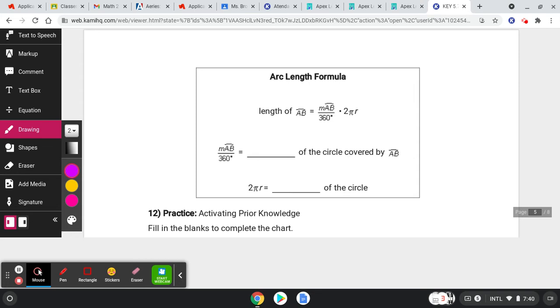So here comes the actual big idea formula. It's going to be a fraction of the circle covered by that arc. So it's going to be 2 pi r, which is the circumference.